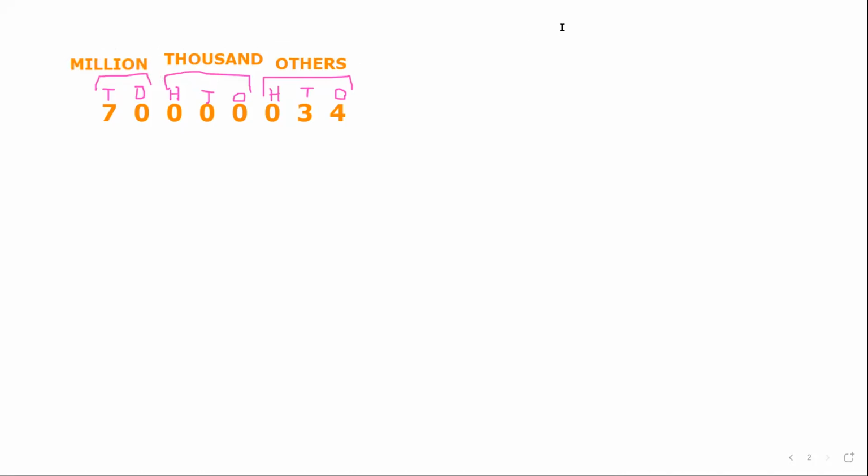Good. Now you underline the numbers under each group. Under the million, we have only two digits here, which is the 7 and 0. And under 1,000, we have the 3 zeros here. Under others, we have the 034 here.